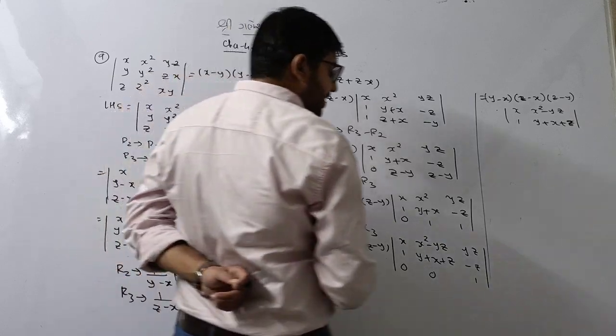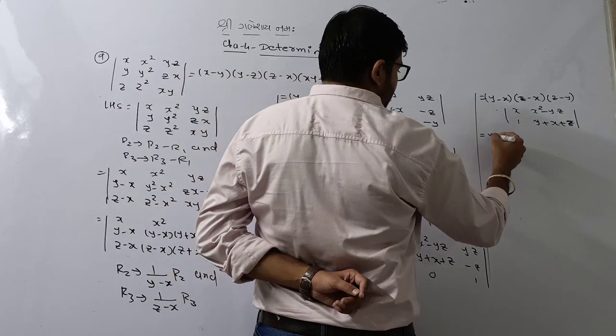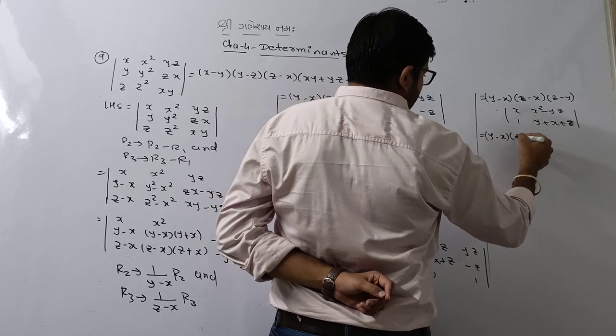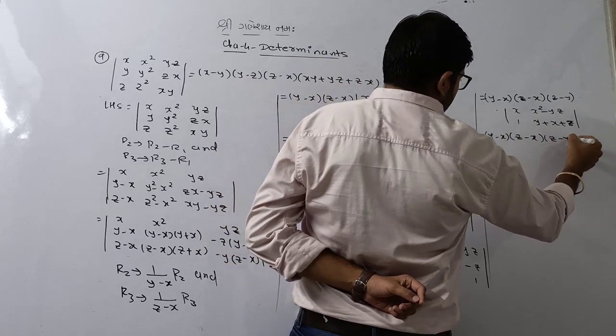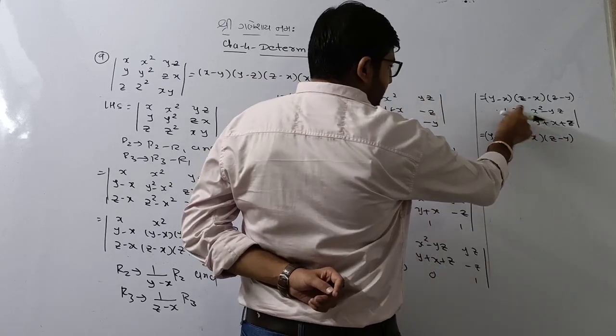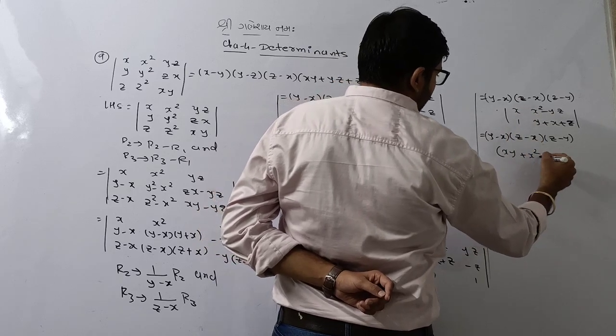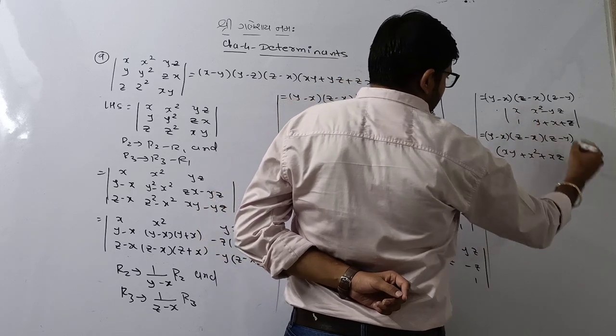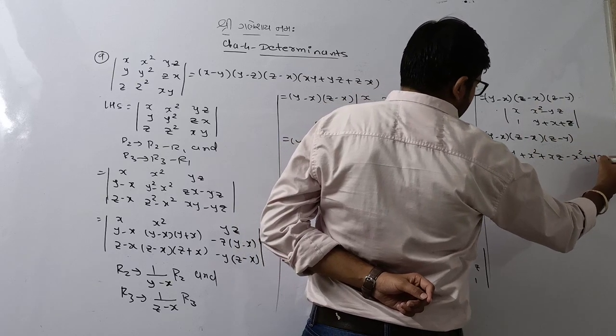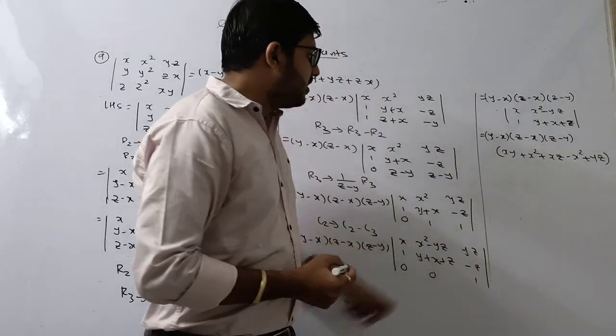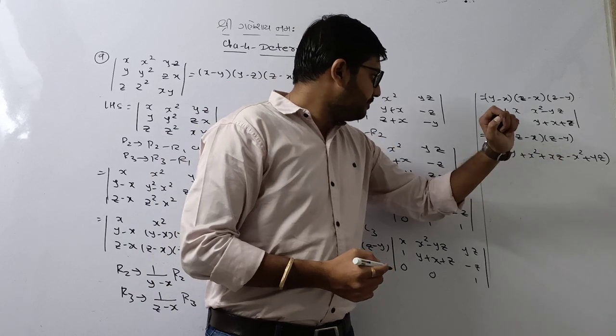Okay, so now as we do the multiplication, y minus x, z minus x, z minus y into the multiplication, it's xy plus x square plus xz minus x square plus yz. So just check, we can cancel out x square and x square, right?